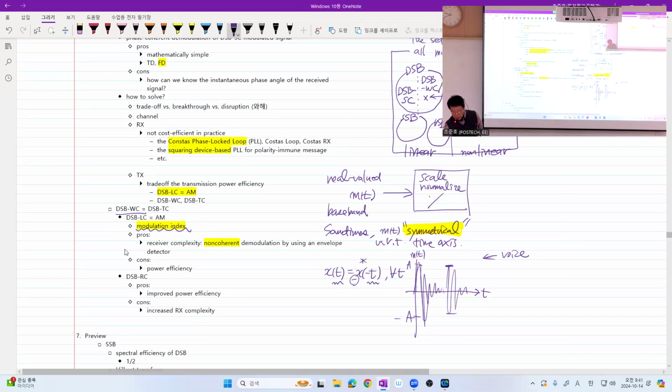It divides the input by the absolute value of the minimum of m of t. This is very strange, assuming that the minimum value is non-zero. Okay? Then what is the name of the output? M sub n, and this n may indicate that this is a kind of normalized version.